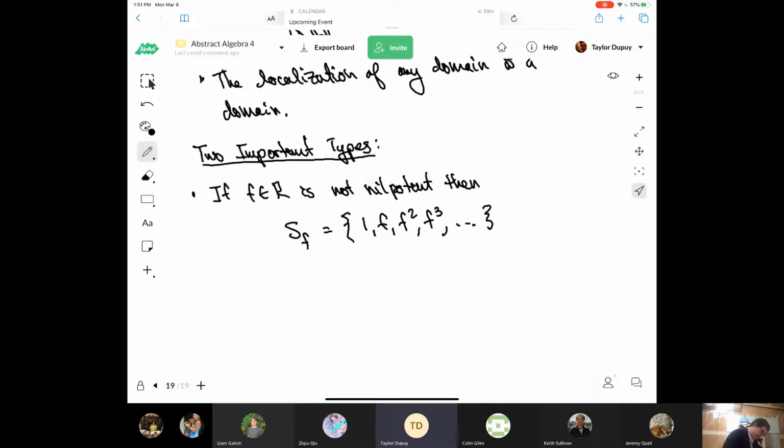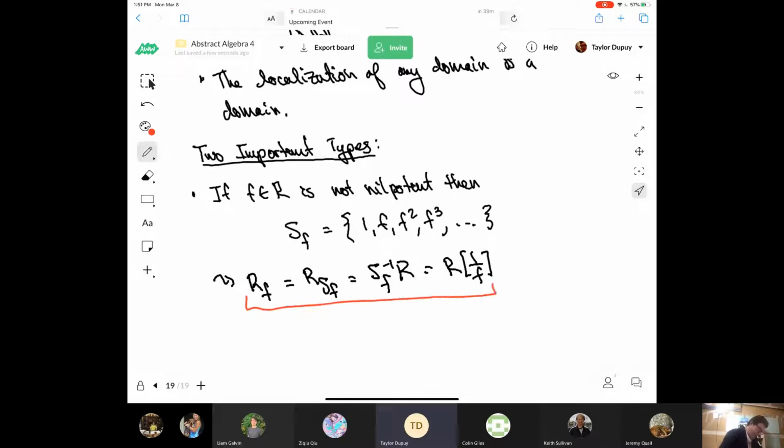And then you get R_f, which is R_S, which is S inverse of R, which is R[1/f]. So these are all notations for the same thing. Okay, it goes by many names; these are all the same ring. Essentially what you're doing is allowing f in the denominator. That's the way you should think about it.